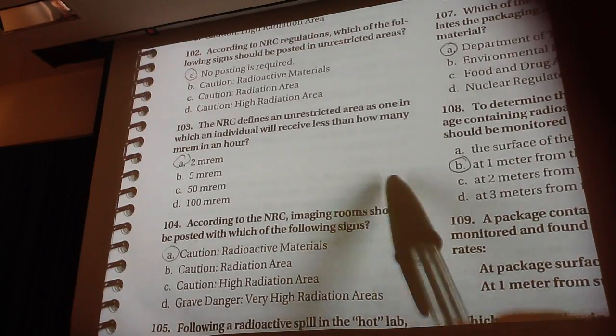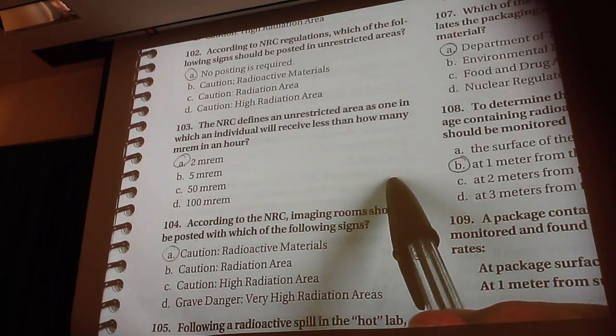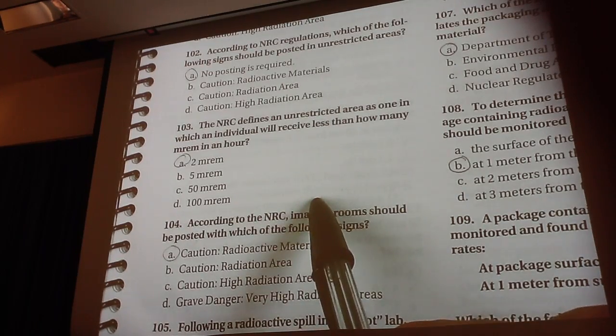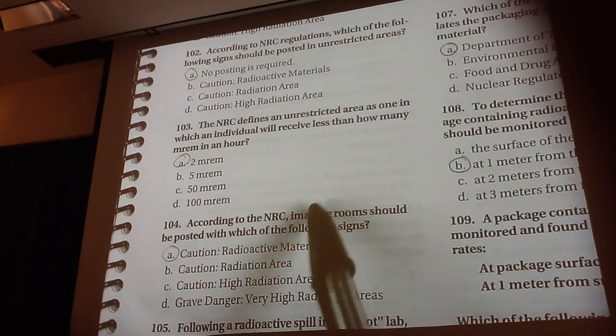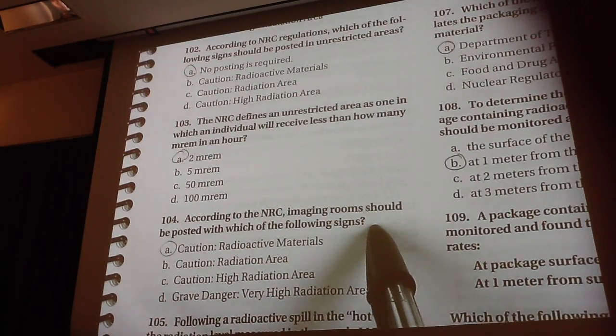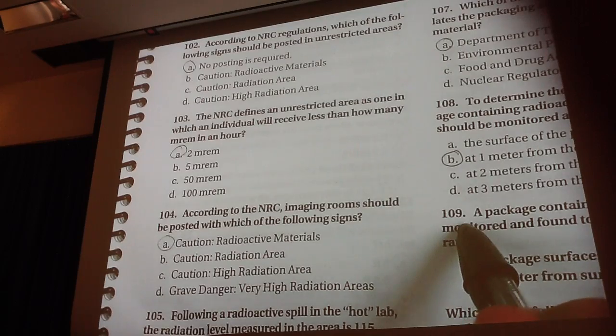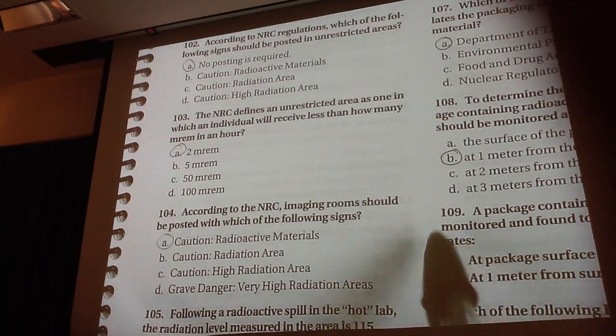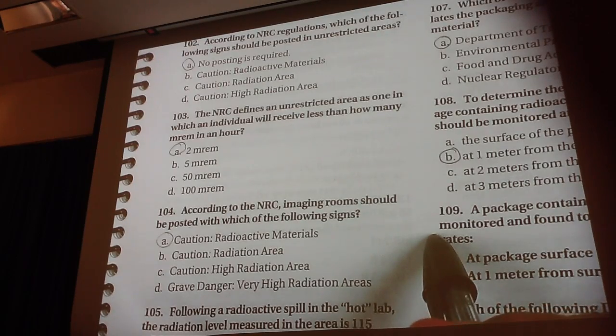Rads times WR, which is the weighting factor for that particular type of radiation. And if we're talking about effective dose equivalent, then we have the rads, the quality factor, and also the sensitivity of the tissue.